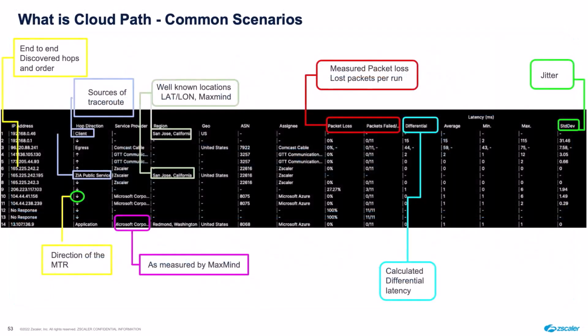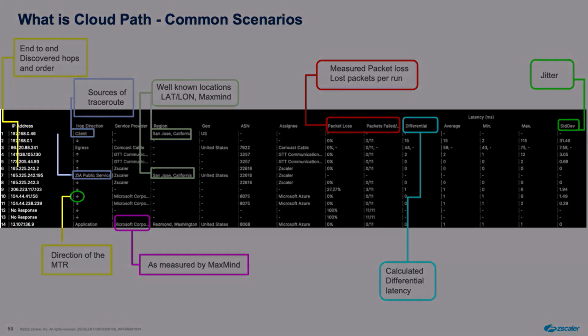Now what we saw so far was a graphical visualization of the cloud path. But if you would like, you could also see similar information with a little bit more detail in the command line view of the cloud path. This is very similar to the output from the traceroute command. The first column shows the list of all the IP addresses of all the hops, and the hop direction from the client to the egress IP address, and from the private service edge to your egress IP, which is indicated by up and down arrows.